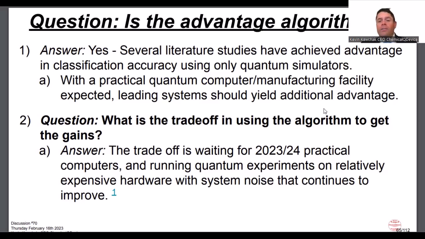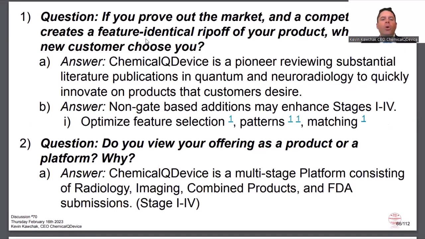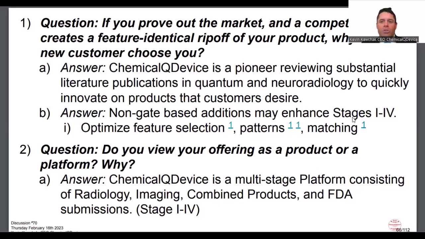The trade is waiting for more practical quantum computers this year and running quantum experiments on relatively expensive hardware with system noise that continues to improve. Another question: if you prove out the market and a competitor creates a feature-identical ripoff of your product, why would a new customer choose you? Chemical Q Devices is a pioneer in reviewing substantial literature publications in quantum neuroradiology to quickly innovate on products that customers desire.